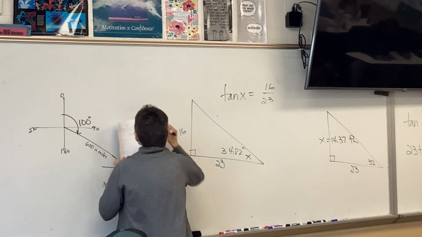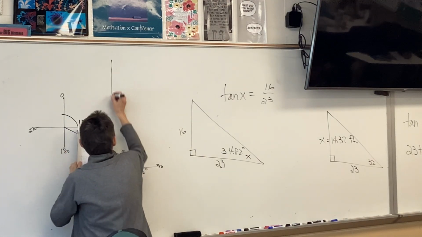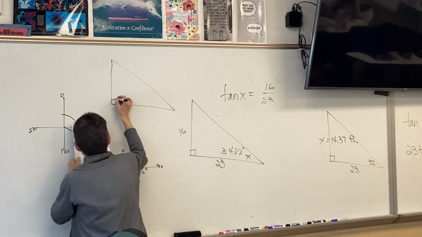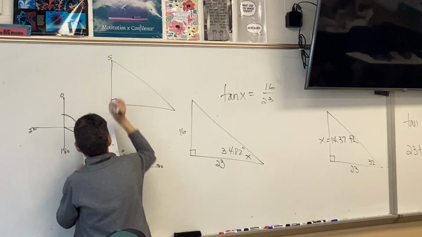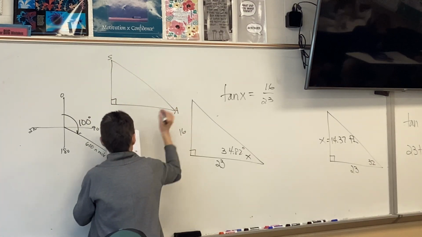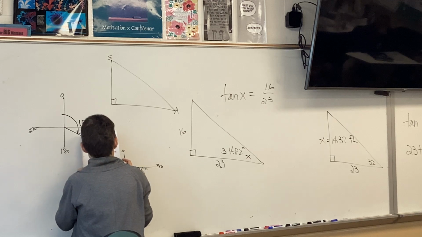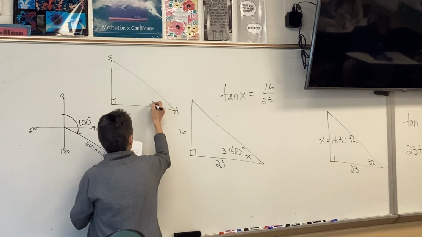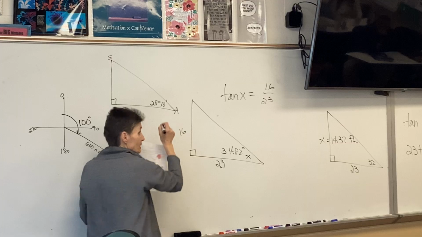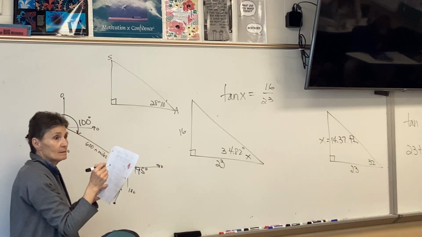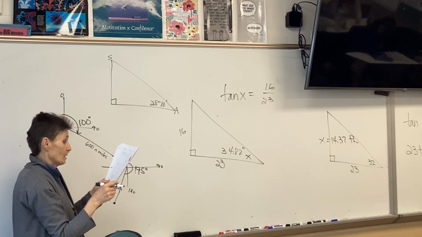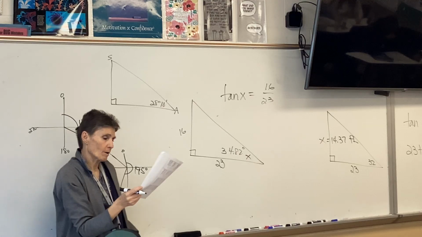Okay, number 3. I got a tree. I got a squirrel looking at an acorn. Angle of depression, 28 degrees, 10 minutes. Where do I put the 34?